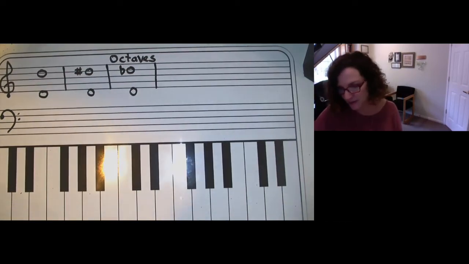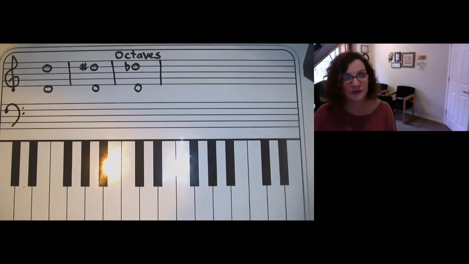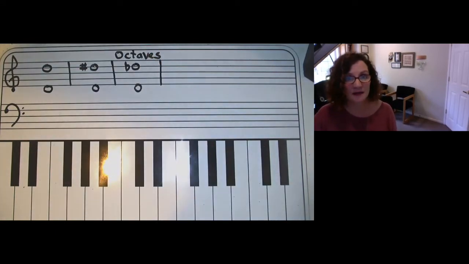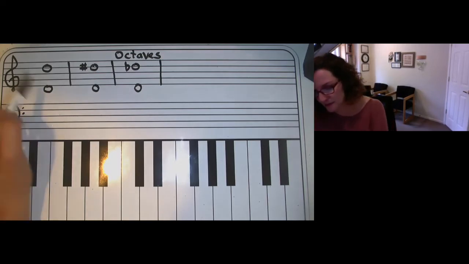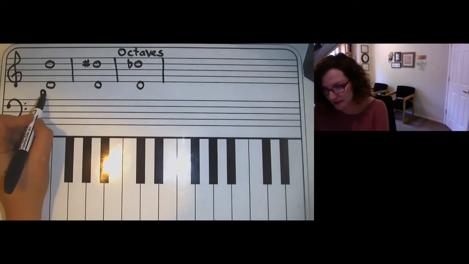So we count the number, and remember as we're getting back into intervals, if one note is on a line and one note's on a space in an interval, it is an even number. The odd numbered intervals have both notes on a space or both notes on a line. So what type of an octave are you thinking we have here? Both notes are exactly the same, a perfect octave.